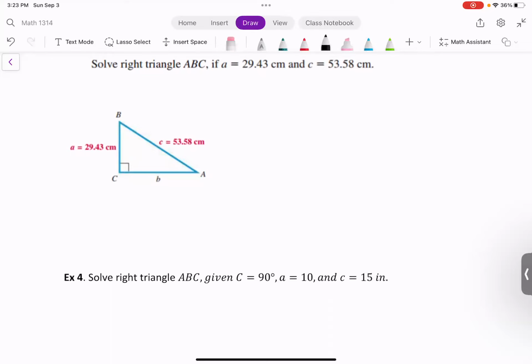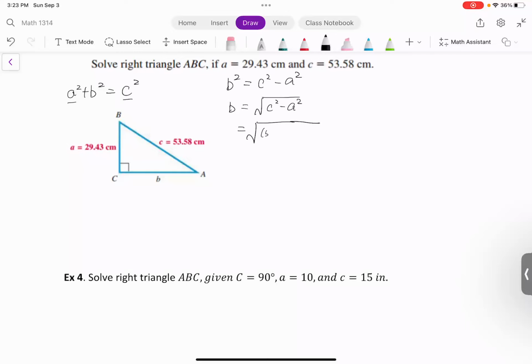The Pythagorean theorem is A squared plus B squared equals C squared. C is the hypotenuse. To solve for B squared, subtract A squared from both sides: B squared equals C squared minus A squared. Take the square root of both sides: B equals the square root of C squared minus A squared. Then put all the information in the formula.